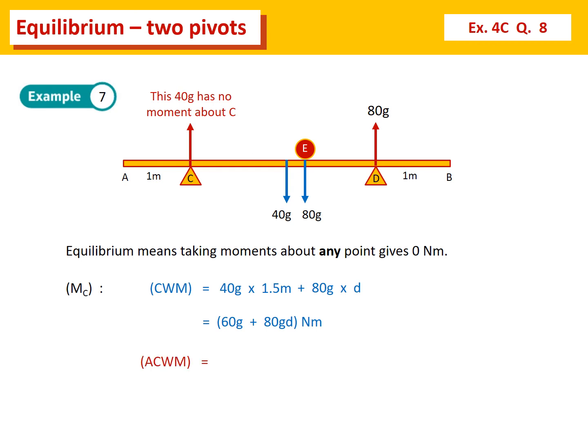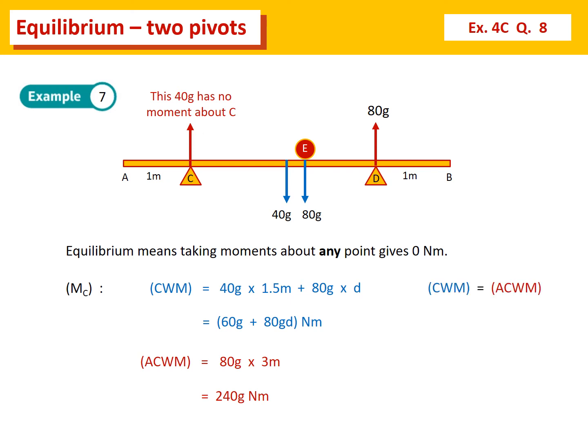The anti-clockwise moment is given by the reaction force at D, and that's 3 meters away from point C, so it's 80 G times 3, and that's 240 G newton meters.